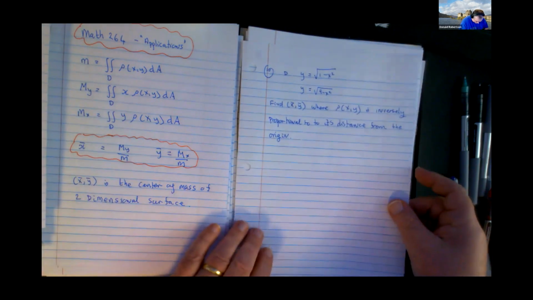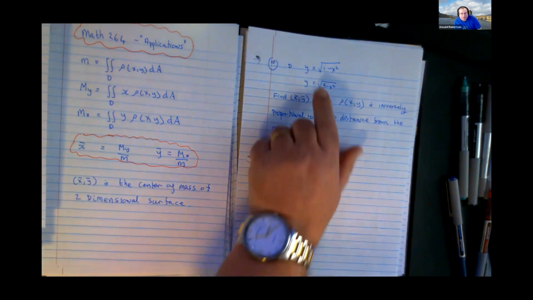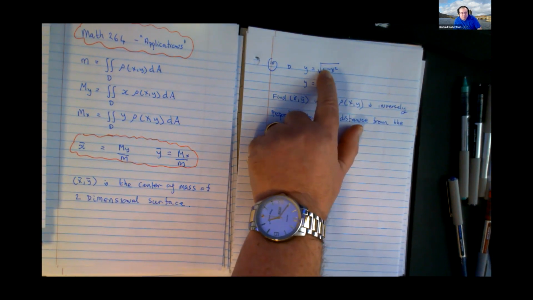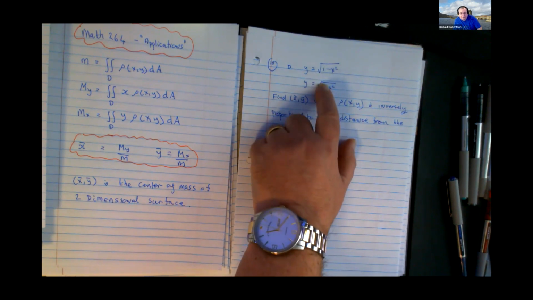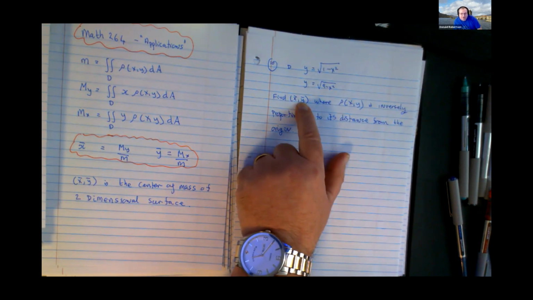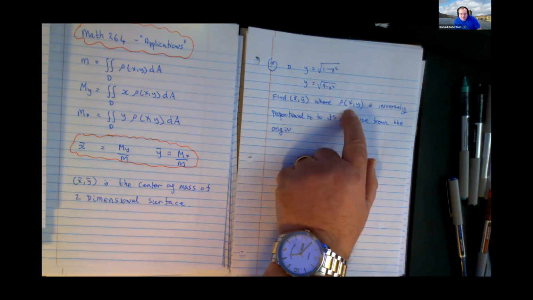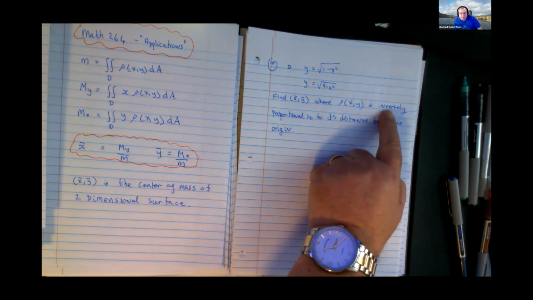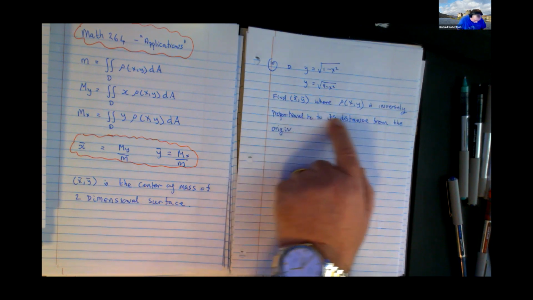So for the next one, I'm going to do is their guy. And it's a nice messy one. The region D is the area between these two semicircles and the bits of the x-axis that join them. We're being asked to find the center of mass, and the density function is inversely proportional to its distance.